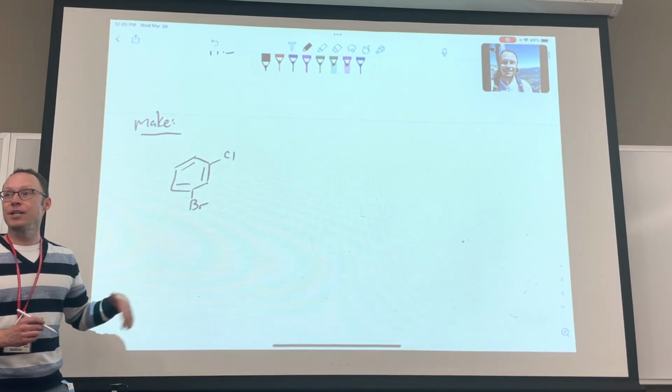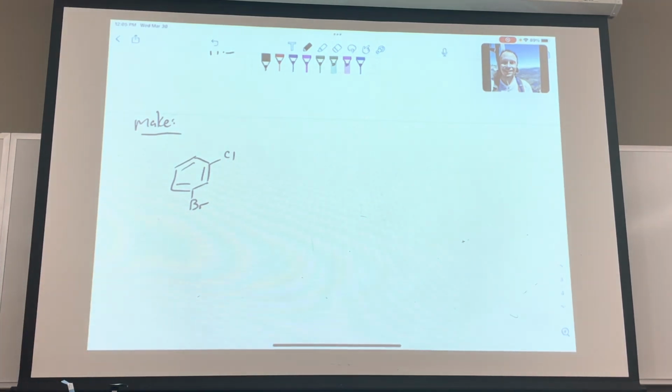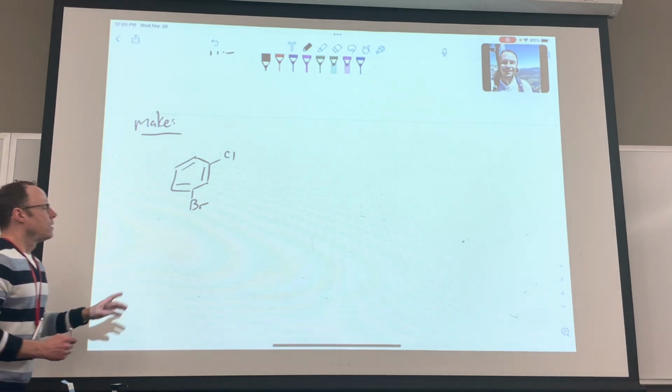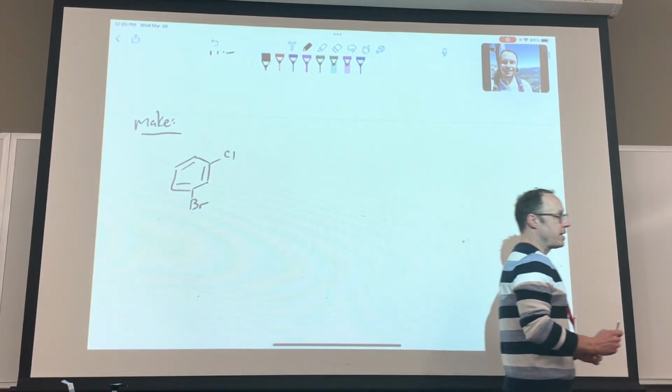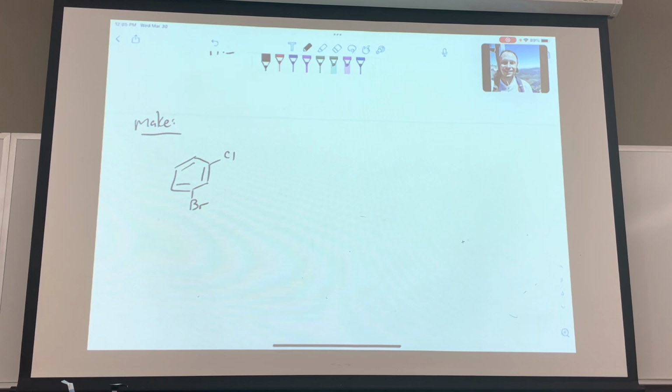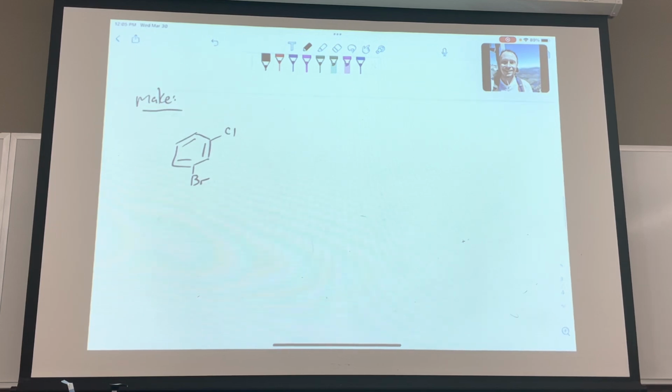So yes, I can make bromochlorobenzene, no problem, but it's not going to be meta. So that's where this diazonium chemistry can become useful and allow us to do things that we had not been able to do prior.